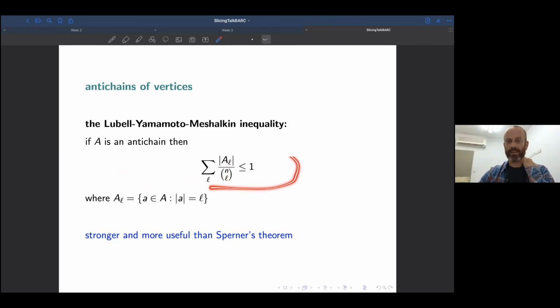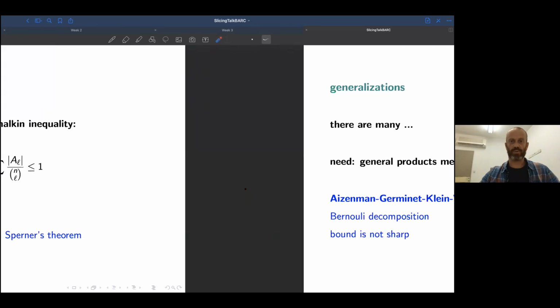This formalization is very useful. I won't show a concrete example right now, but it is a very useful inequality when you study antichains. And I want to tell you about a generalization of this statement as well that we needed to prove in our proof, the proof we found.